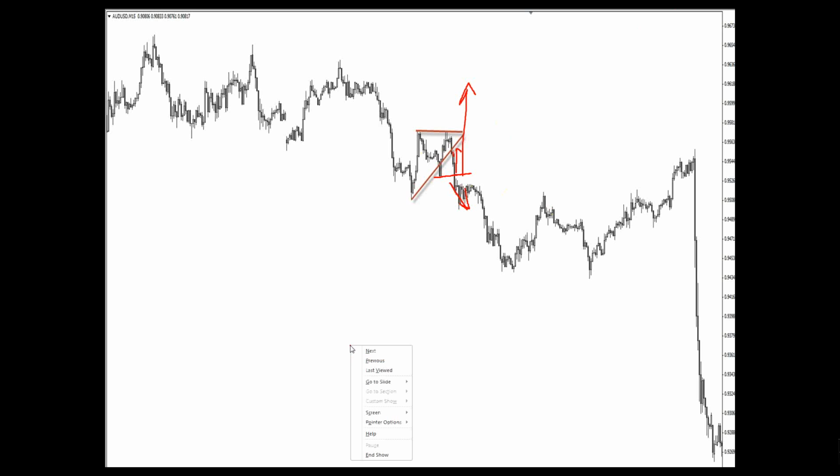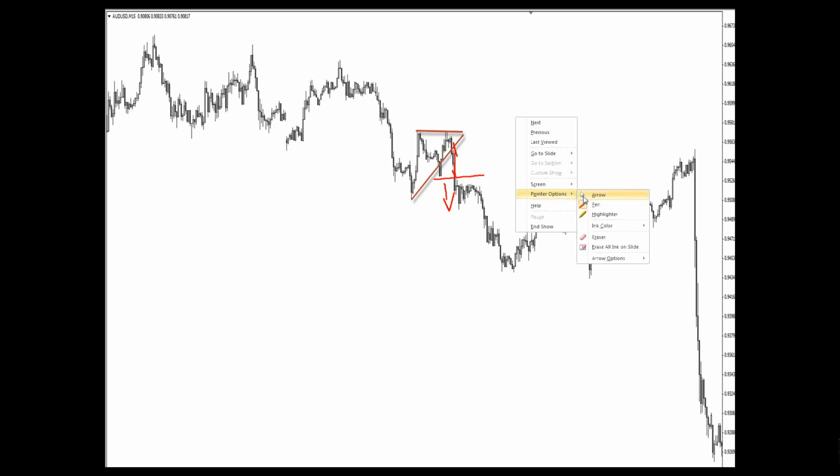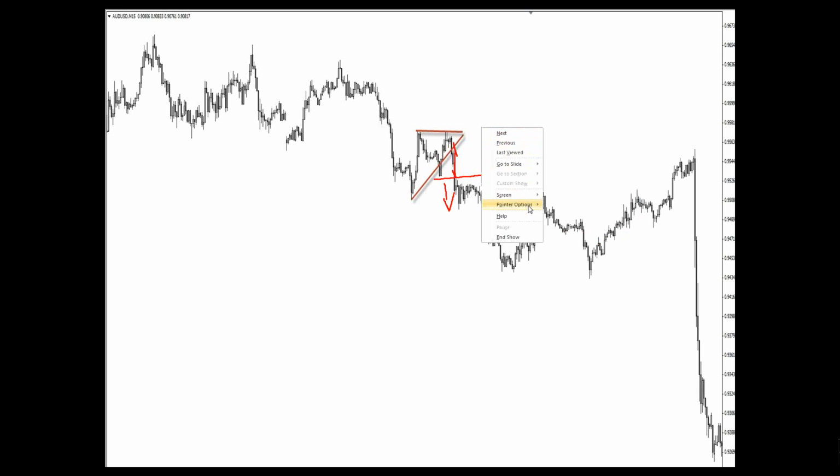So that is my way of safeguarding my account. See this support, and then it goes down, and afterwards it retests this triangle again, and after this it's breakout, pullback, continuation.